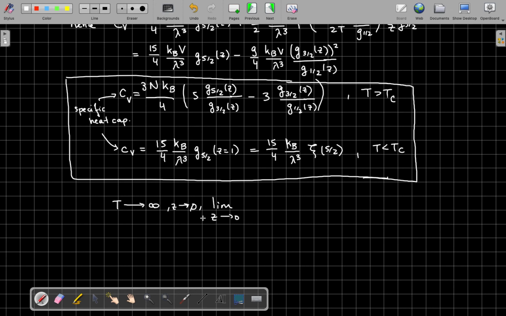And the limit as z goes to 0 of the ratio of any Bose-Einstein function with positive n and m is just 1. That's fairly easy to see because these are just polynomials, and so you're just going to get the ratio of the dominating ones, and that's just 1.